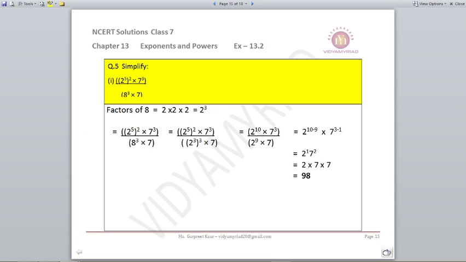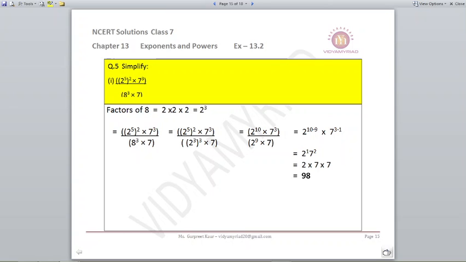Next, simplify. Now let us see whether we can find the factors of any one from the question itself. Now you have 8 here. Now 8 can be further split into 2 into 2 into 2, which means 2 raised to power 3. So 8 raised to power 3 will be further written as 2 raised to power 3, the whole 3.